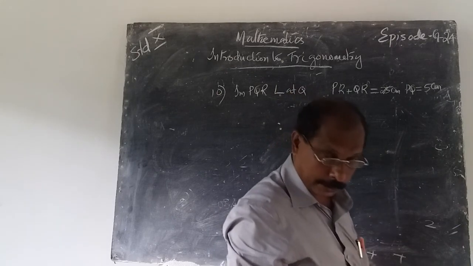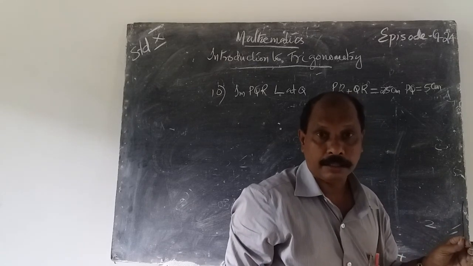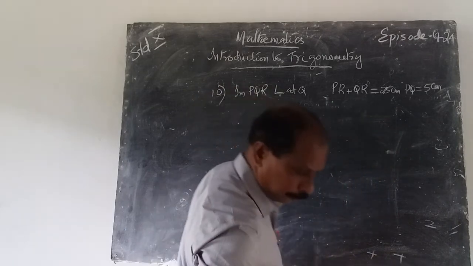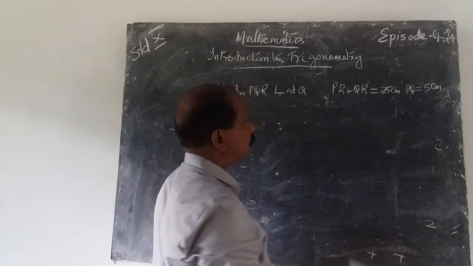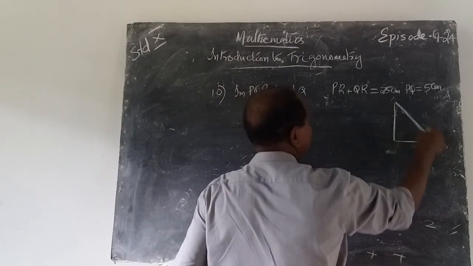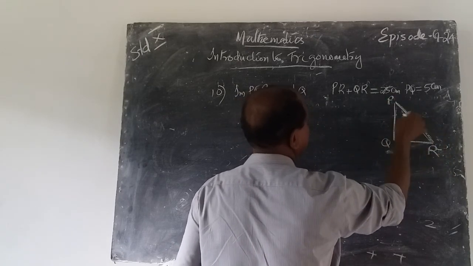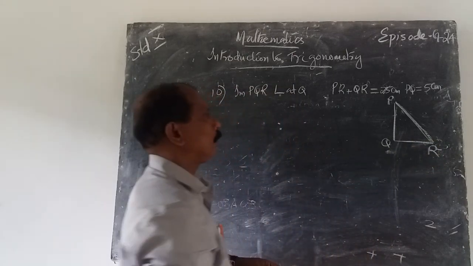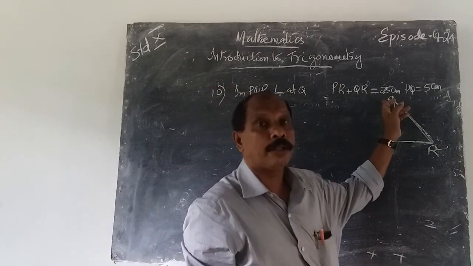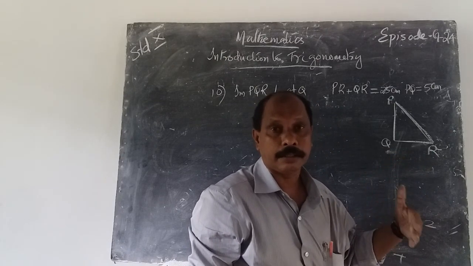So the question is not correct, it is wrong. Therefore, this question will be in the next episode. This result is sometimes mistaken. PR plus QR, that is 2.5 or 25. There is some mistake. Therefore, we can correct the question, then get the answer.